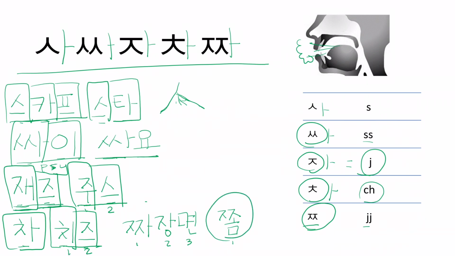Now this is a slang word. 조금 is the proper way of saying it. But in casual everyday speech, people say 좀. 좀 means 조금, which means a little bit.